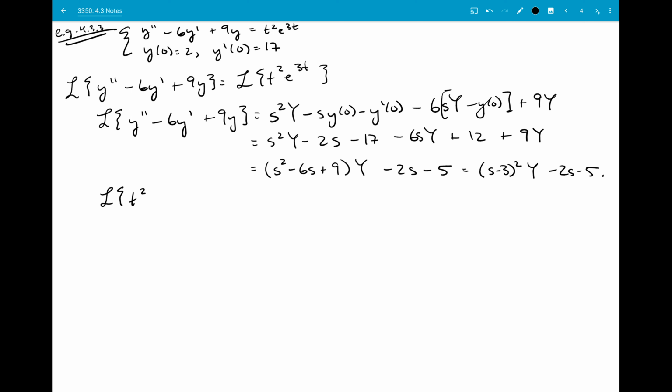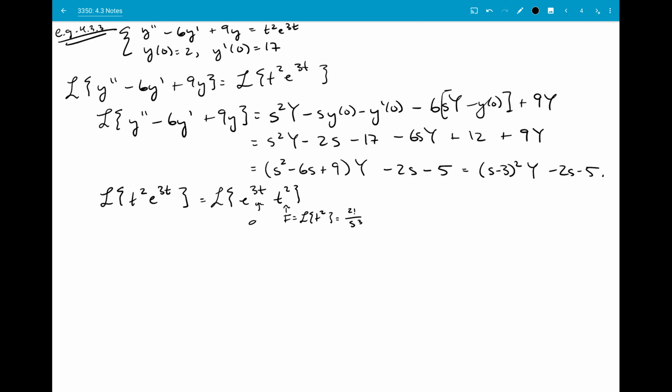The right-hand side, L of t squared e to the 3t, is the part that's related to what we are learning in this video. I should rearrange this in the order that you're used to seeing it. That's L of e to the 3t times t squared. So our a is 3, and our little f is t squared, so our capital F is L of t squared, which would just be 2 factorial over s cubed.